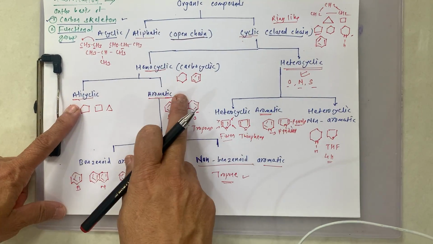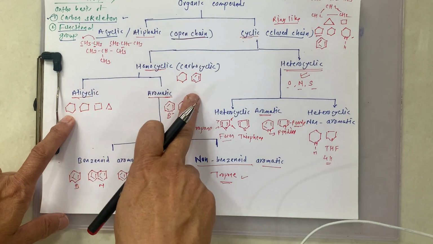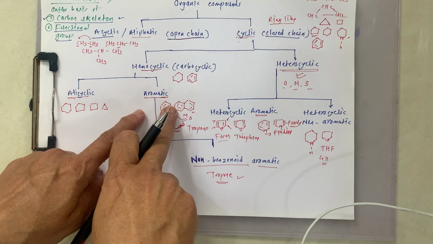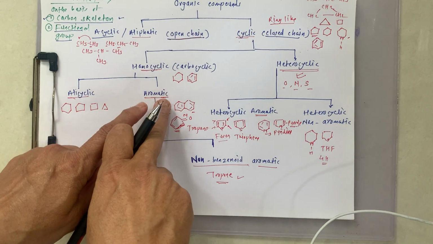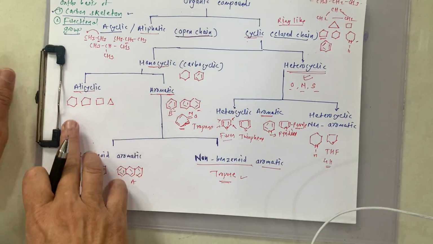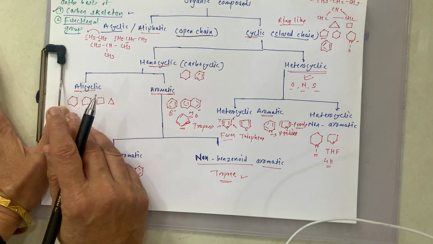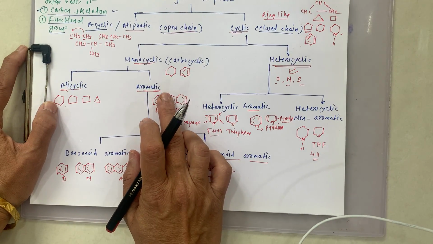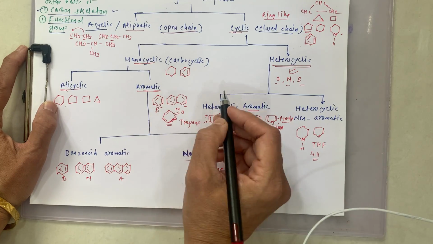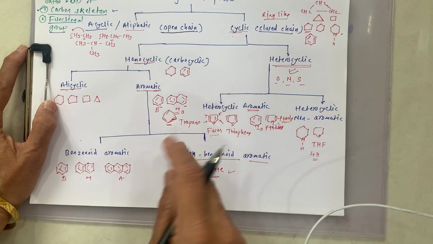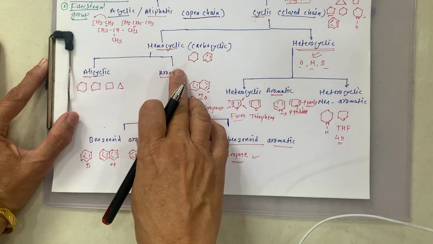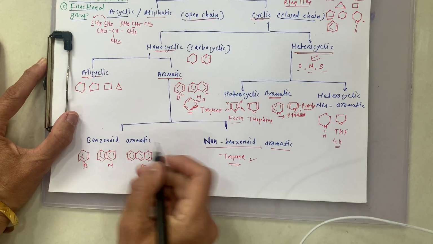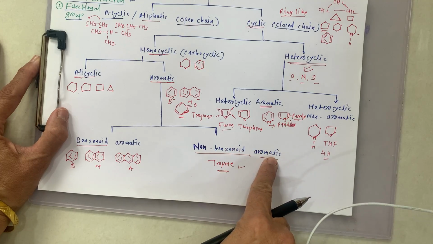This homocyclic is further divided into two parts, that is alicyclic and aromatic. Aromatic is the special class of the hydrocarbons which have aromatic character, means the compound is aromatic in nature. Alicyclic are just cyclic compounds with carbon. Aromatic, when there is an alternate single bond, double bond. For example, this is benzene, then this is naphthalene, then this is tropone. Further, this aromatic is again divided into two classes, that is benzenoid aromatic or non-benzenoid aromatic.